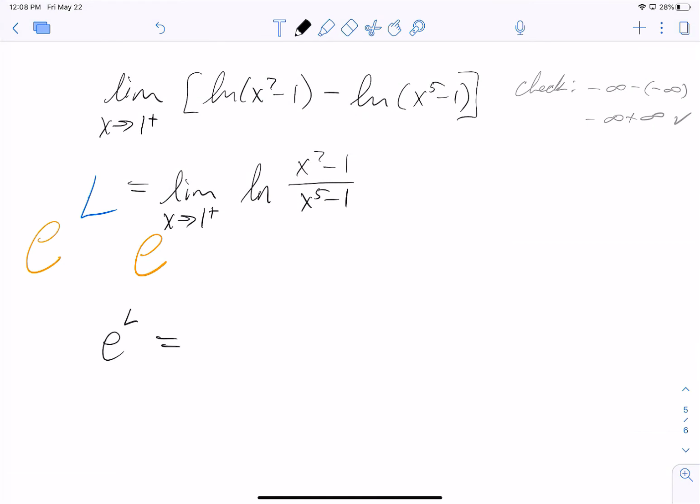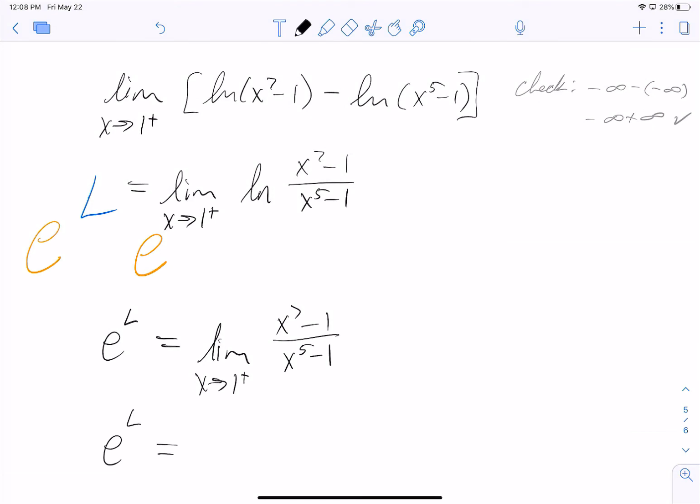On the right-hand side, I can write the limit as x approaches 1 from the positive side of e to the natural log, those cancel. So the limit is now being applied to x to the 7th minus 1 over x to the 5th minus 1. So what we've done is we've used a cancellation property between exponentials and logarithmic functions to simplify the expression on the right-hand side. The reason for the L on the left-hand side, at this point I'll say it's a reminder at the end of the problem that we're going to have e to the L, and so it's a reminder to solve for L, not to leave it as e to the L.